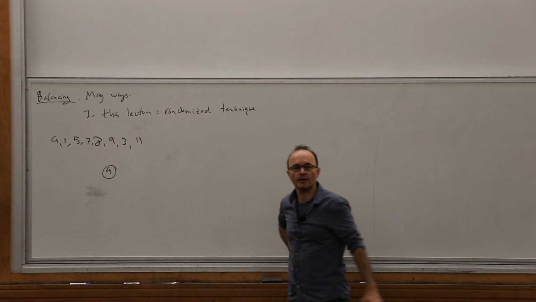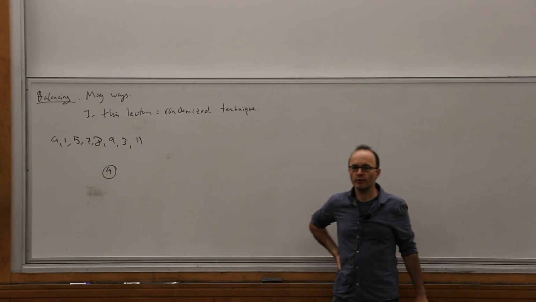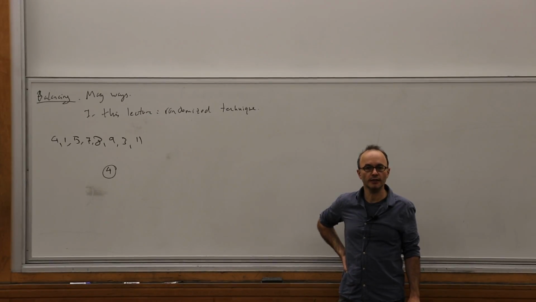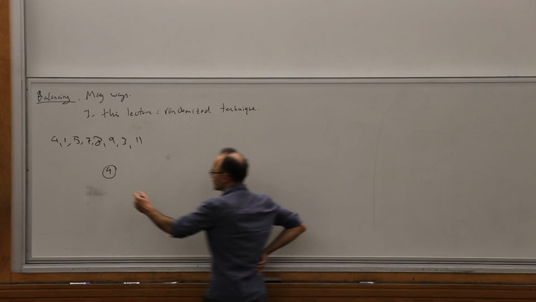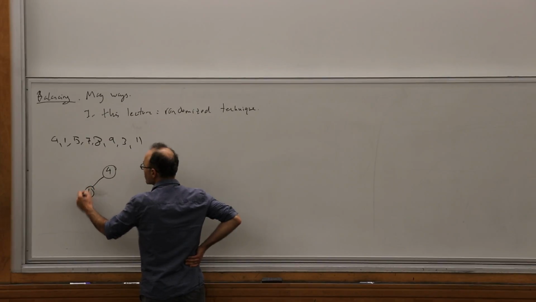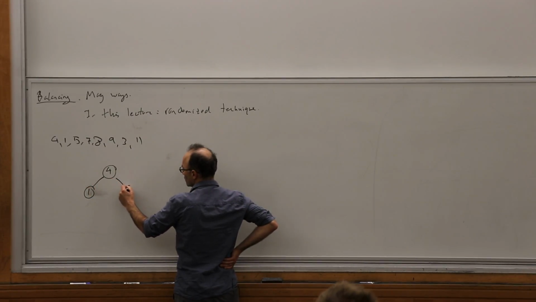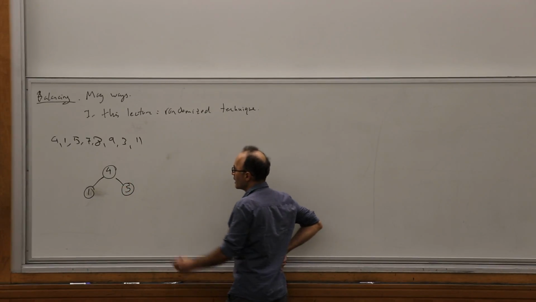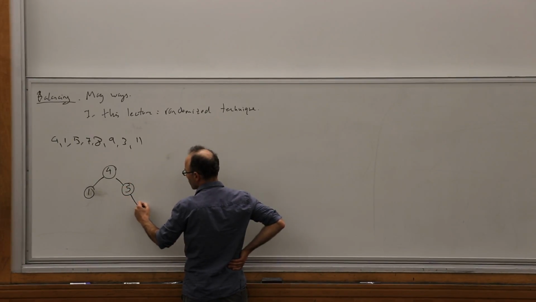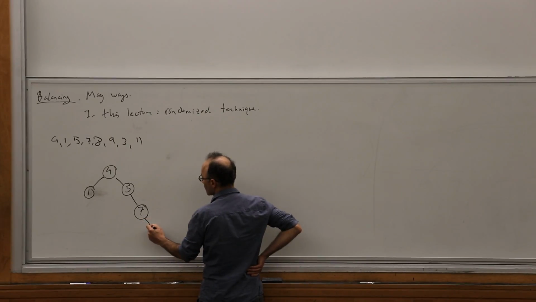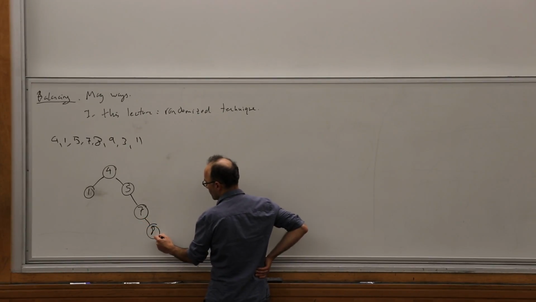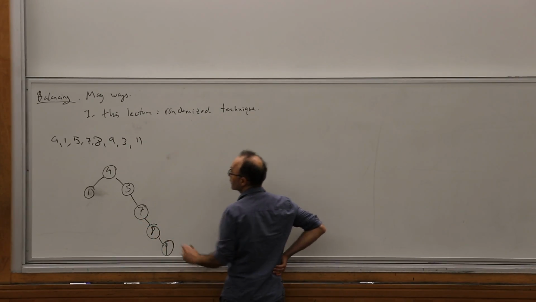Next comes my 1. Where would I insert 1? To the left, right? Because it's less than 4. How about 5? That's going to go in here. How about 7? That goes in here. How about 8? In here. How about 9? That goes in there.